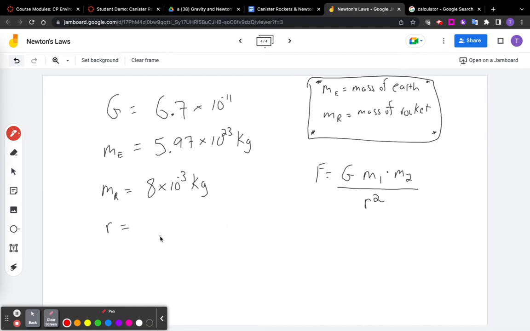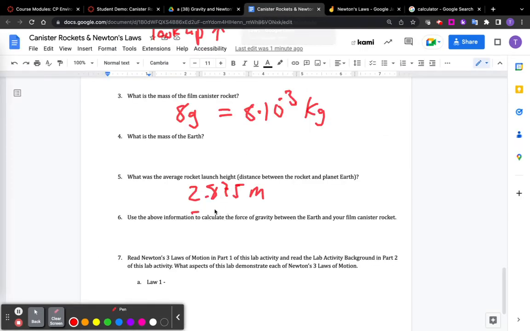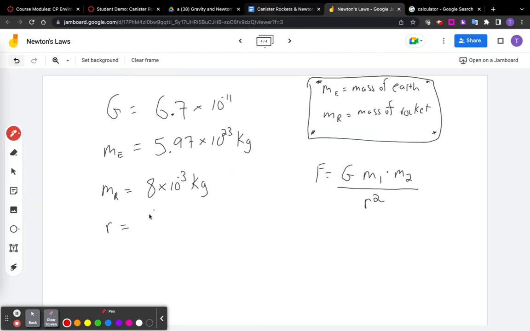So in this case, we're doing the maximum launch height of our rocket. So that's going to be the average height that you got. For my example here, you should use a different number, use your numbers. I'm going to use 2.875 meters.